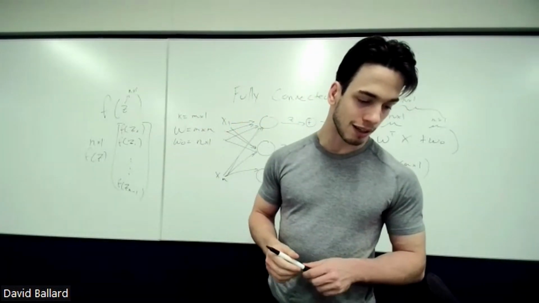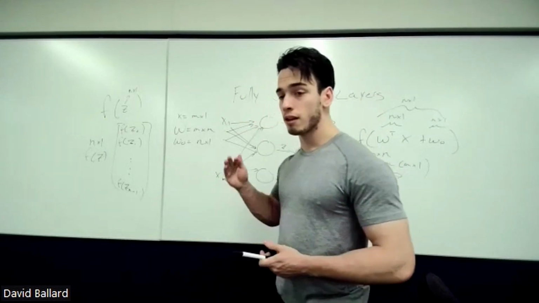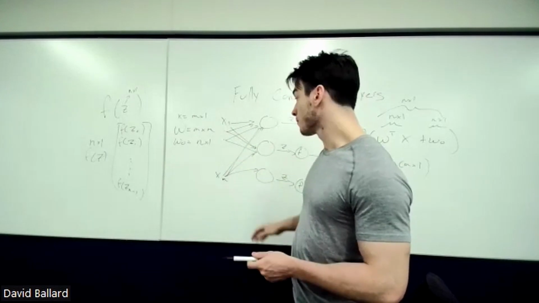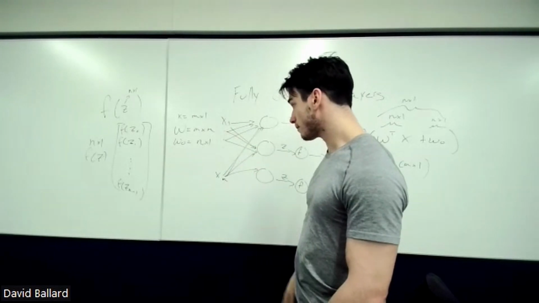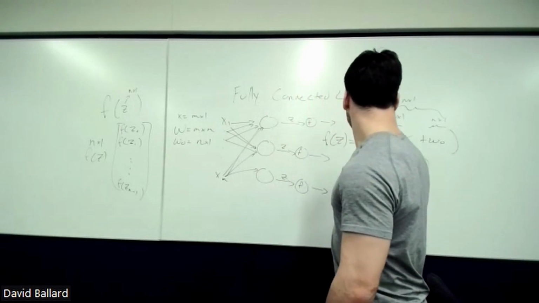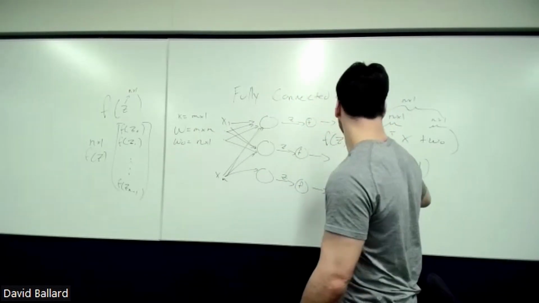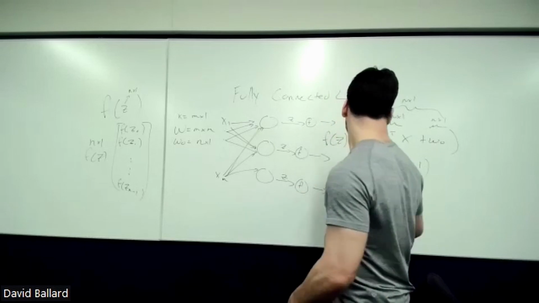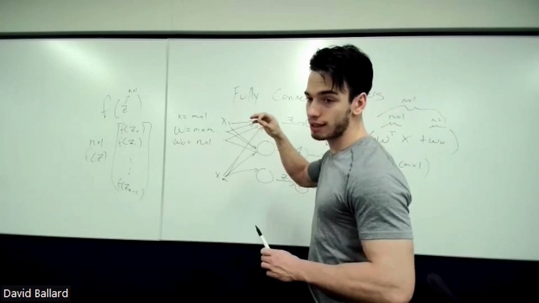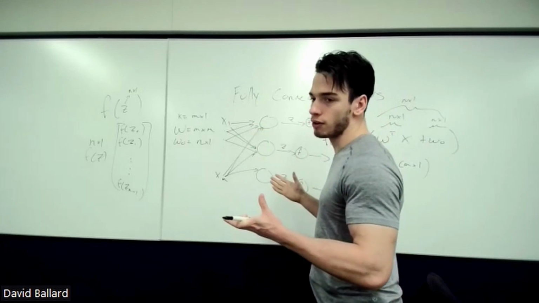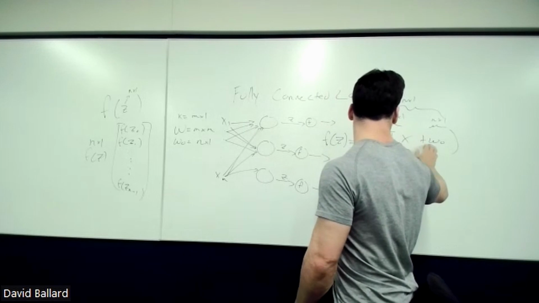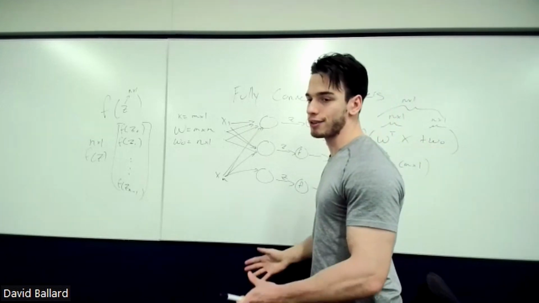Okay, so that is what a layer is. So to recap, fully connected layer, every one of the inputs maps to every neuron in the layer. And then Z, our pre-activation, so the output of that neuron, is going to be your weight matrix, which represents all the neurons, times your input, plus your bias, your offset.